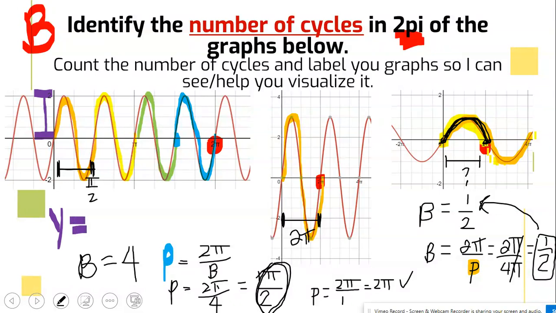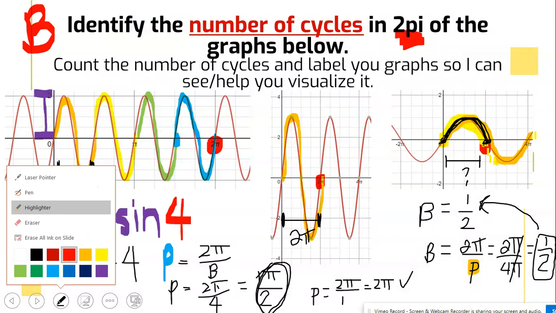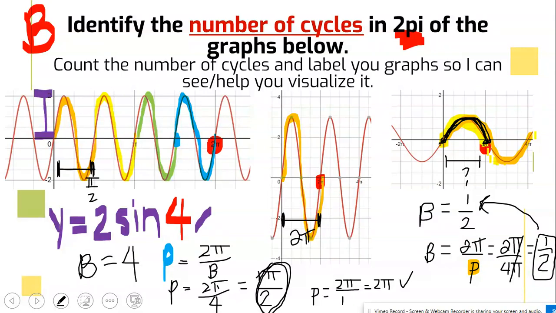So amplitude of 2 means 2 goes in front. Then the trig function sine, and then B. Since we said there were 4 sines in 2 pi, we're going to have 2 sine 4x. That's what we have for B.